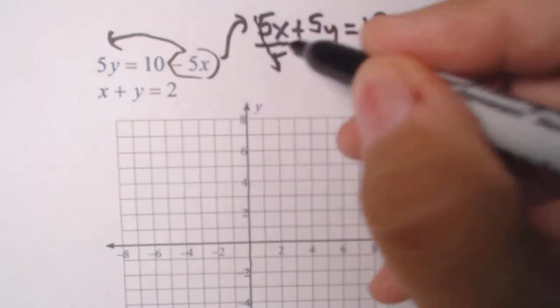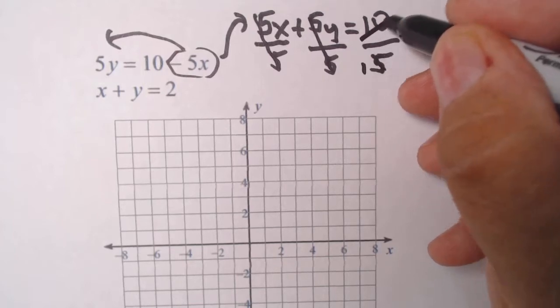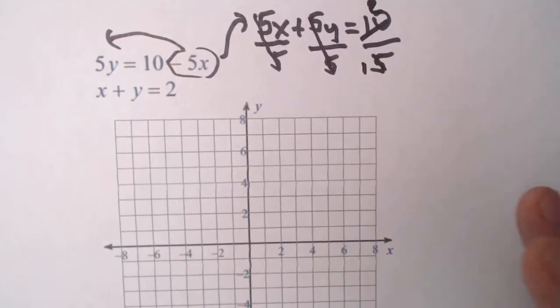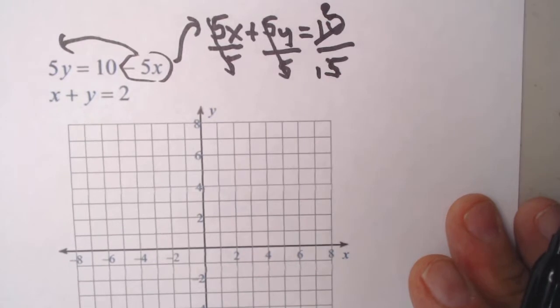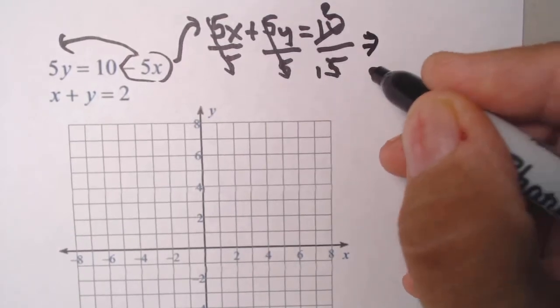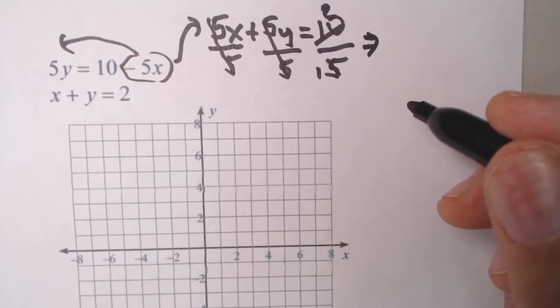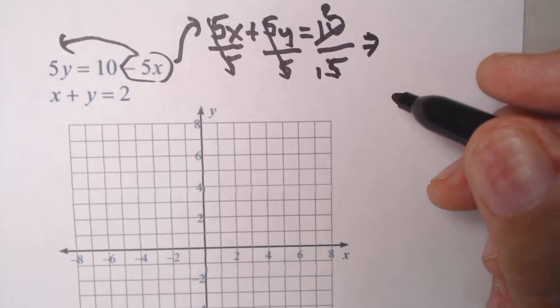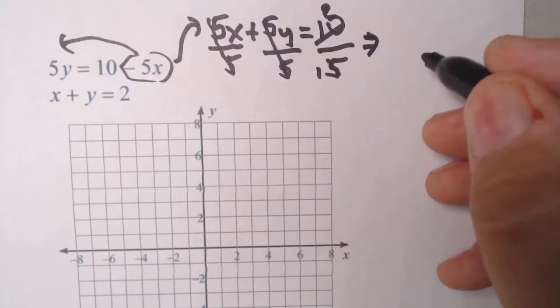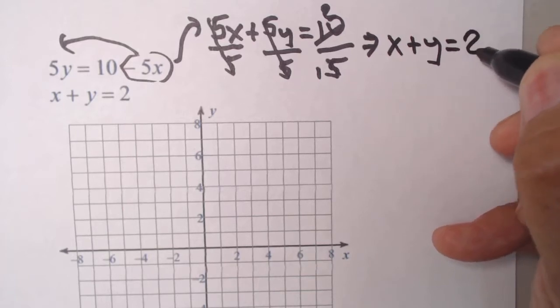The 5's cancel out here, 5 goes once here, and into 10 it goes twice. So what we really have for this first equation, once we've cleaned it up, is x plus y equals 2. I just decided to put it in standard form; you could have done it in slope-intercept y equals form if you want.